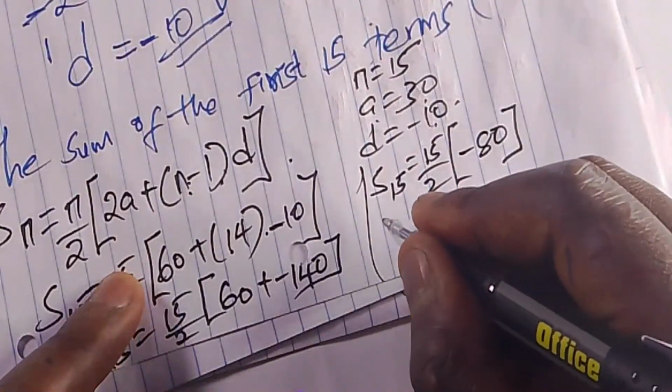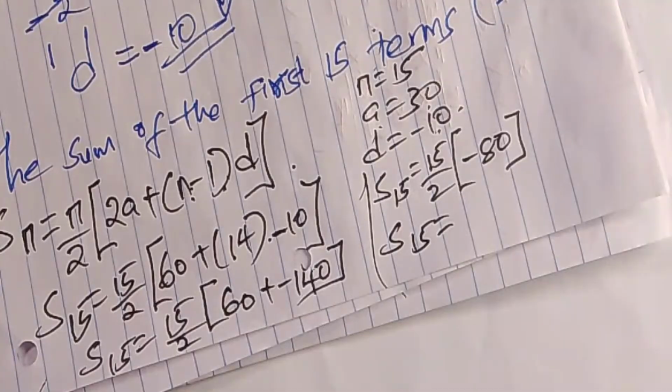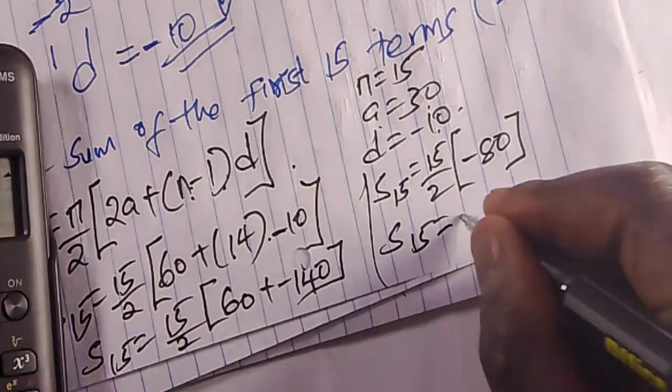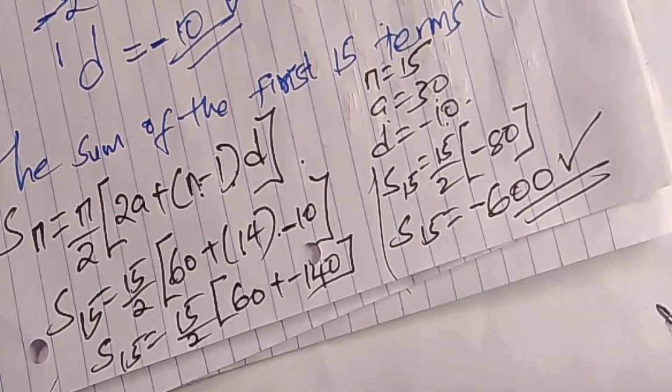So what is 15 over 2 times negative 80? It will be negative 600. And you get that.